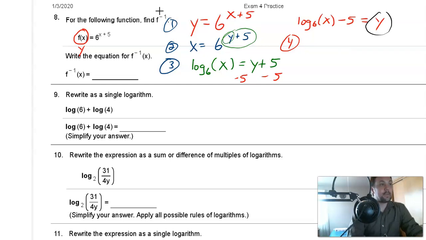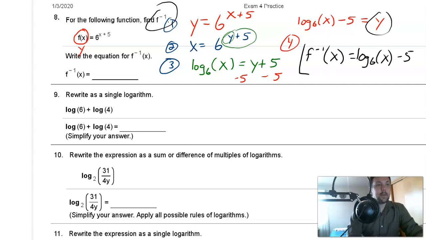I'm going to rewrite y as f inverse of x, and I'm also just going to flip this around, so I'm putting y on the left-hand side and this on the right-hand side. f inverse of x equals log base 6 of x minus 5. All right, and there's our inverse function.